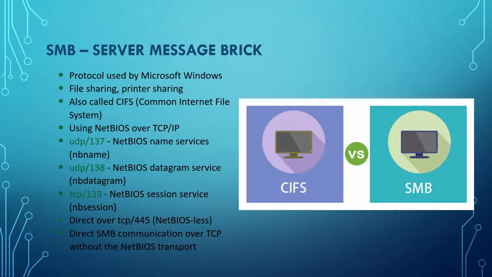And then UDP 138 connects the service of whatever that application is trying to run. Like if you needed to spool up or print something with a printer, this is the port it would use. All right, and then 139, if that application needs an acknowledgement that it sent that request, then it would use TCP instead of UDP.